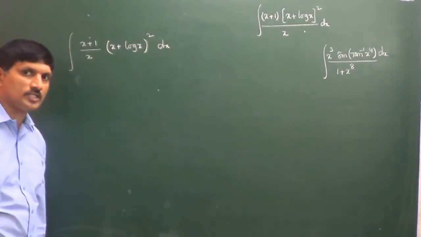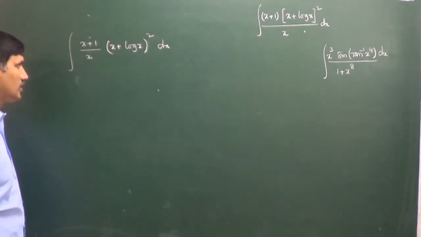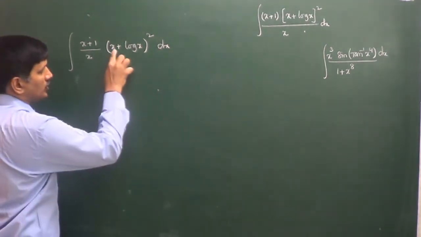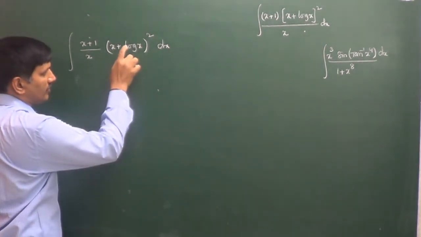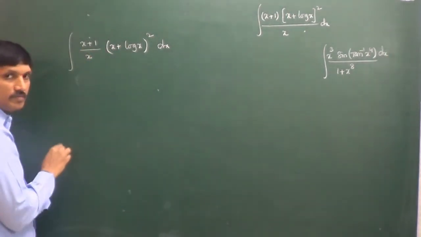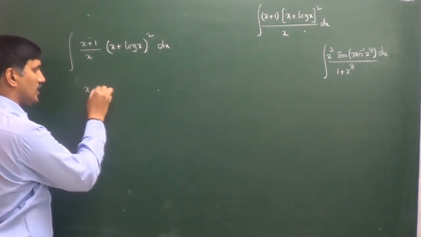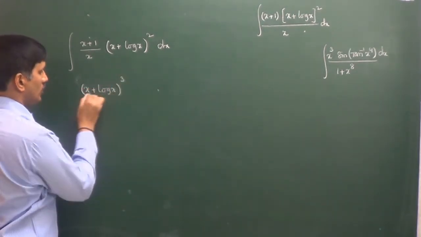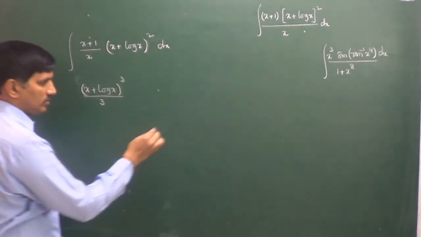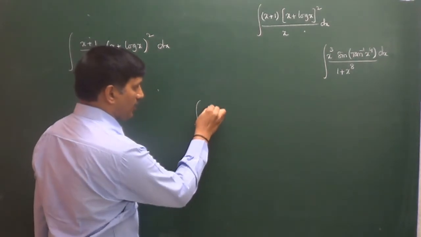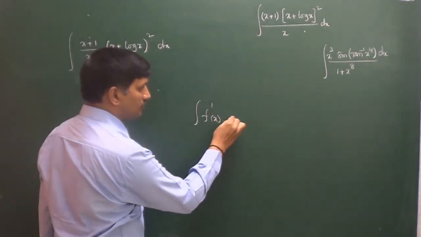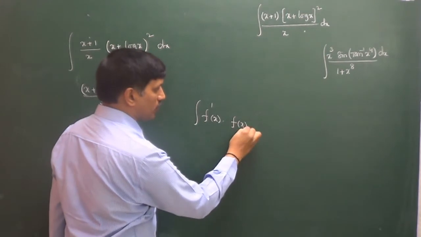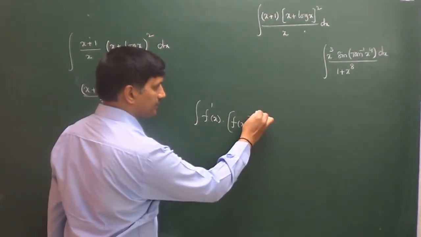If you don't know the answer directly, the reason is this is f, and its differentiation is outside. So we can write the answer directly as x plus log x whole cube divided by 3. This is the discussion we did. F dash of x into f of x whole to the power of n.